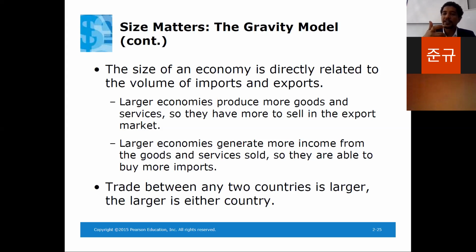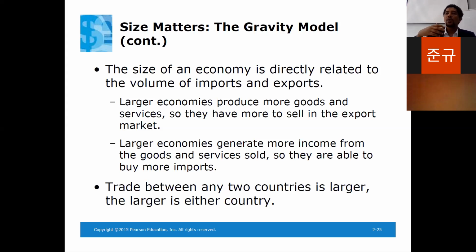One of the factors that affect GDP is the net export, that's export minus import. When we say a country has the highest GDP, it means that the country has the highest imports and exports. Larger economies generate more income from the goods and services sold, so they are able to buy more imports.